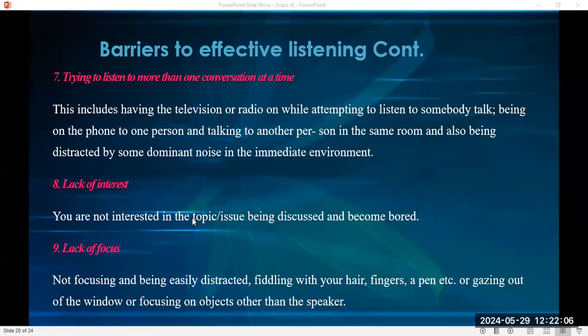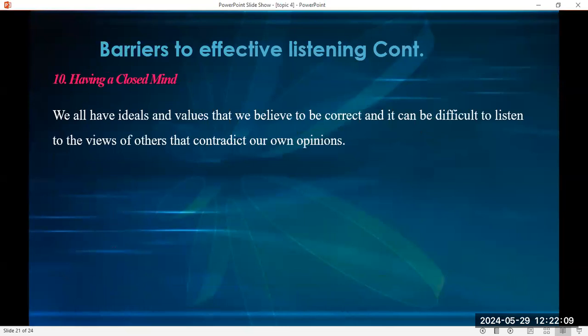Barrier to effective listening, number 10, having a closed mind. Having a closed mind, in short, we can say, huwezi niambia kitu. You can't tell me anything. I cannot believe you. That is having a closed mind.